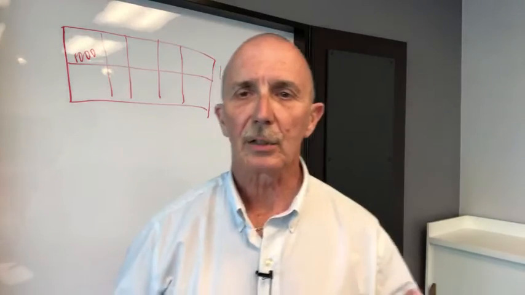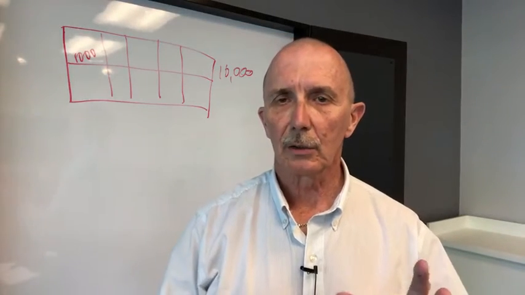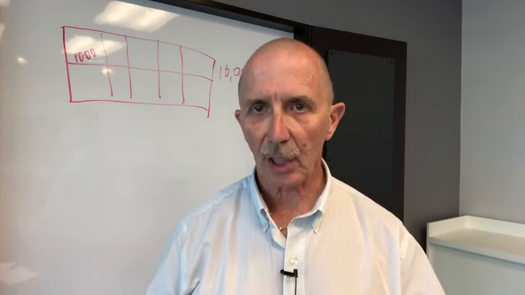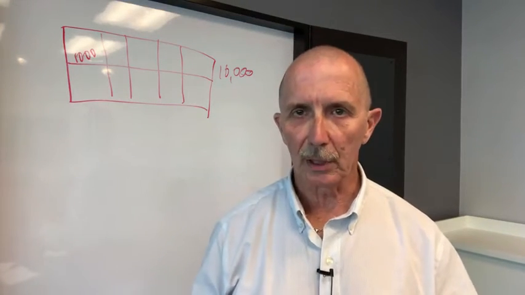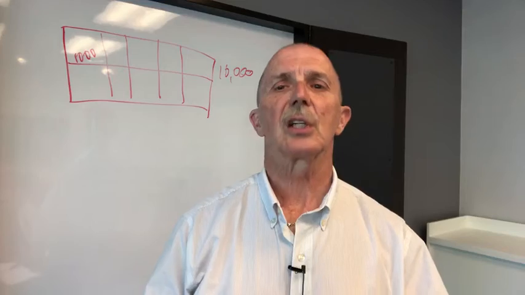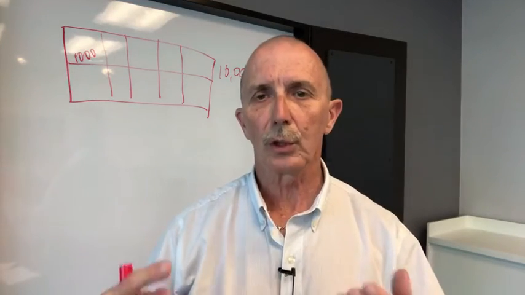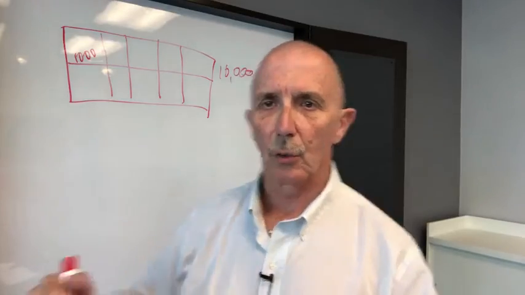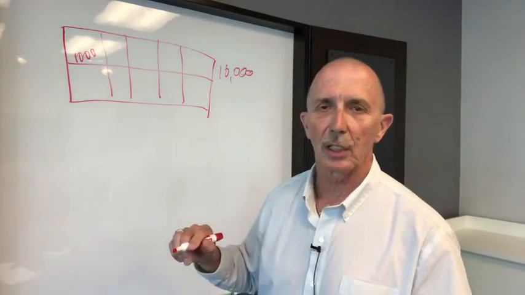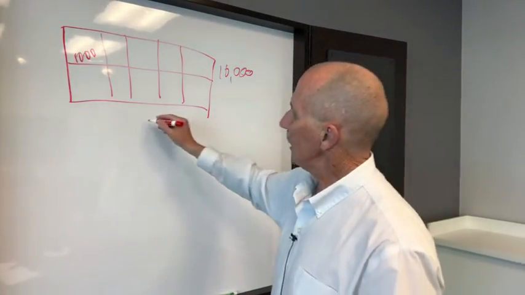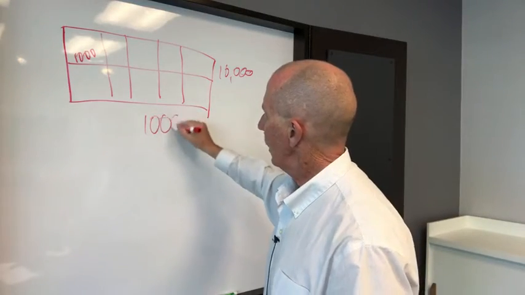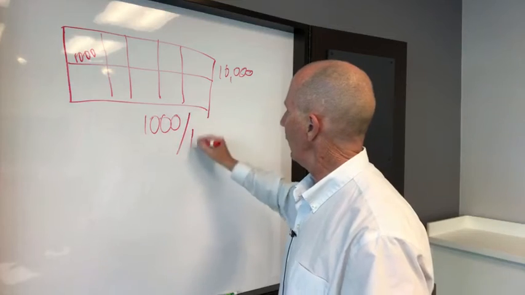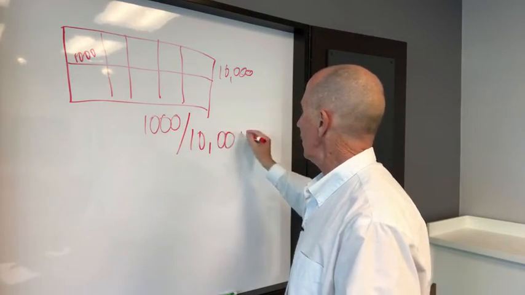One thing that you will find, and it's kind of a little bit of an esoteric concept, but it's called unit entitlement. This is the square footage of your unit as a fraction of the total square footage. So in this case, all of the units are the same. So your unit will be 1,000 of 10,000.